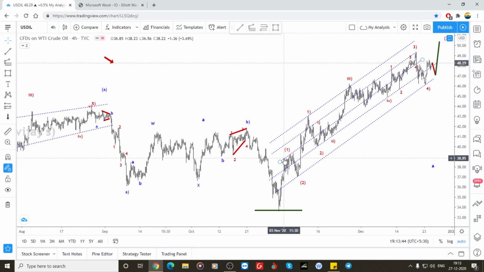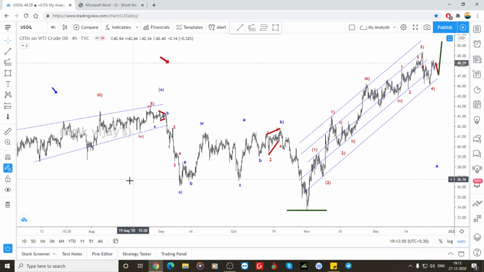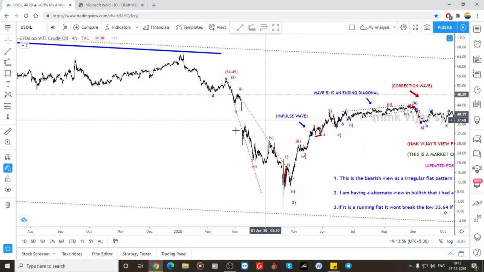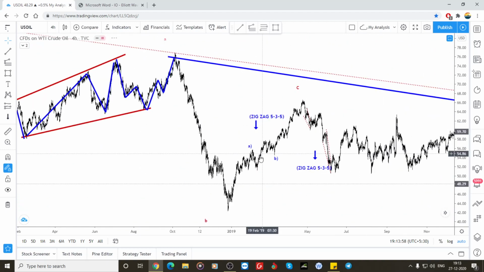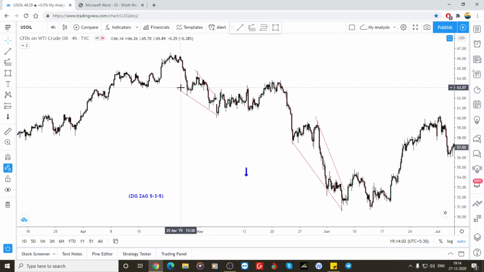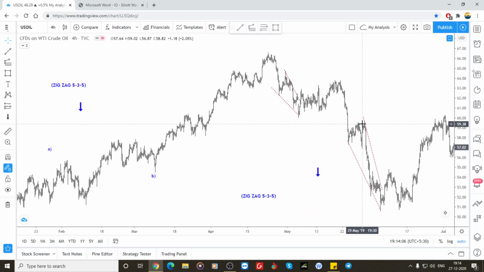Forget about these wave counts, that will change because I'm having an alternate count also. And here is a perfect wedge formation here, and here also, wedge formations like this. So you need to first draw that, then only you can easily identify the 1, 2, 3, 4 and 5.